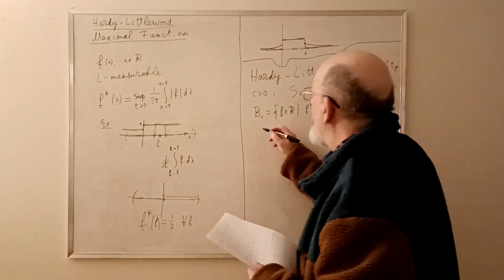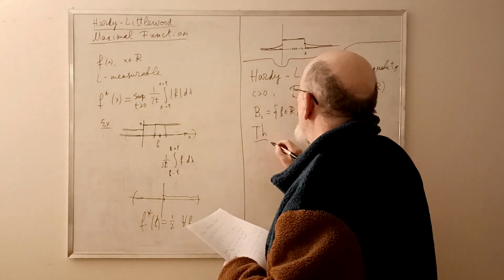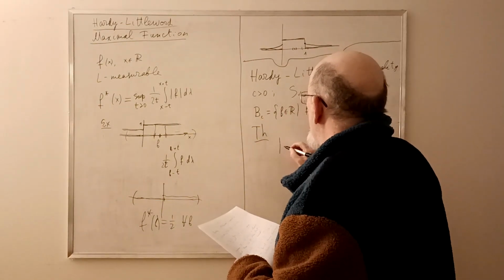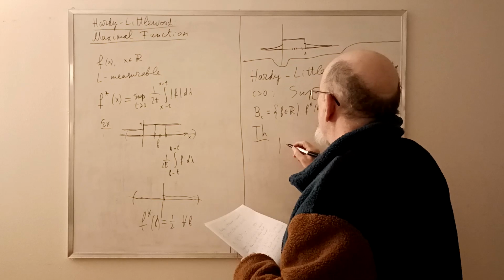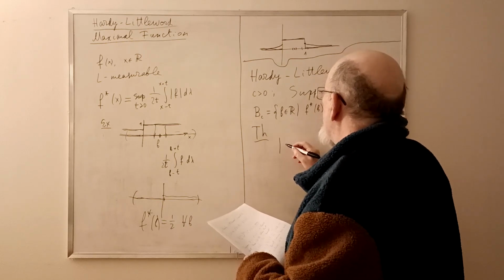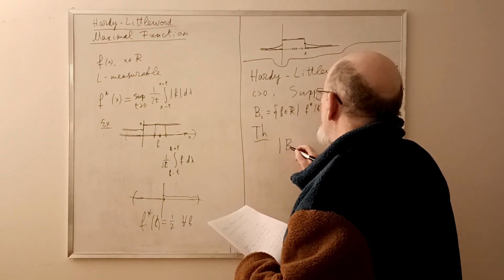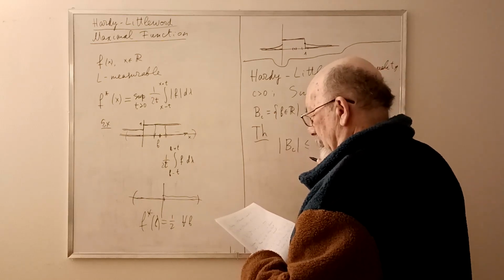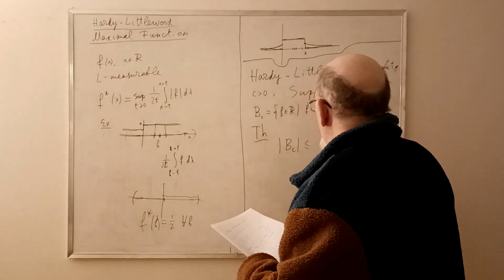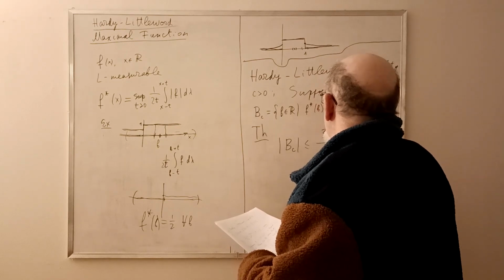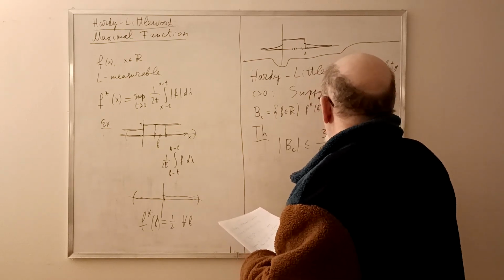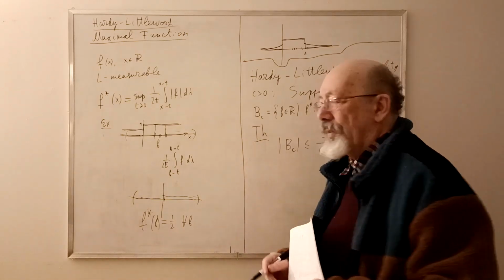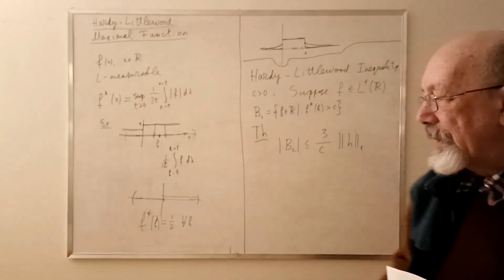And the theorem is the following: the outer measure of B_c is less than or equal to 3 divided by c times the L1 norm of f.